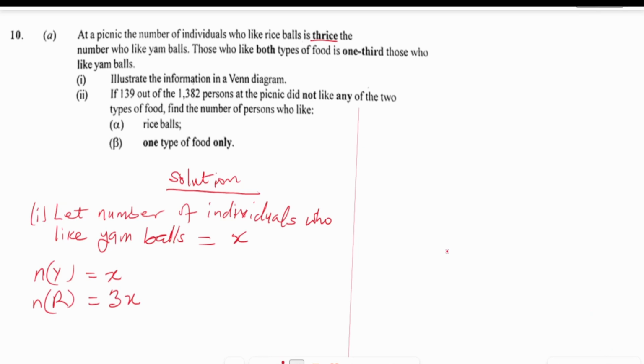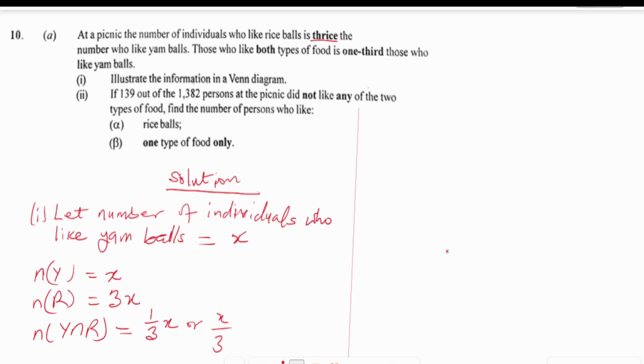It says that those who like both types of food is 1/3 those who like yam balls. So mathematically, that can be written as number of Y intersection R equals 1/3x, which can also be written as x/3. So I can decide to write any of the two.